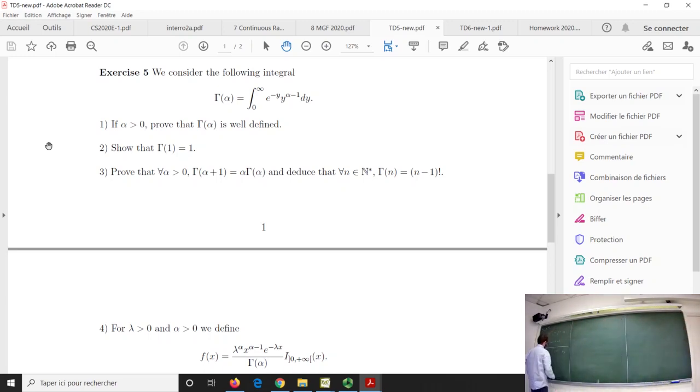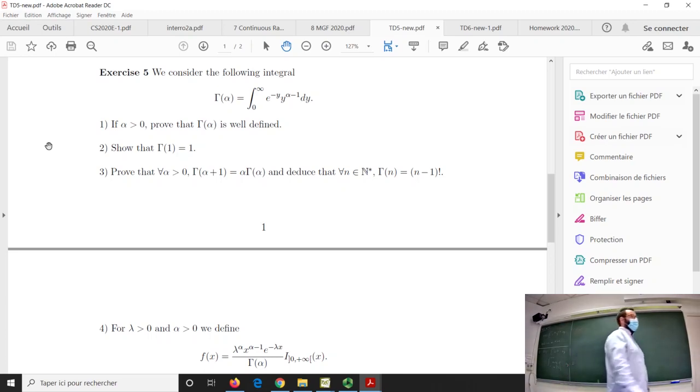So I can write it this way: the integral between minus infinity and plus infinity of the density of an exponential of parameter 1. And I know by definition that the integral of a density function is equal to 1. That's why this integral is simply equal to 1.